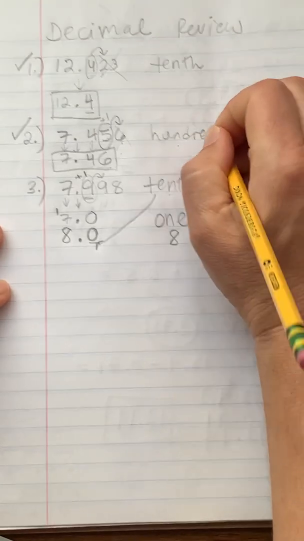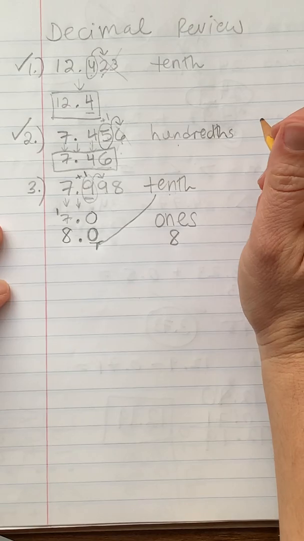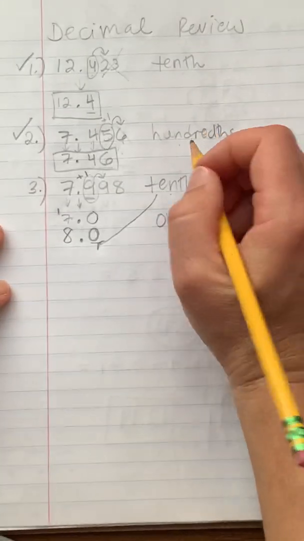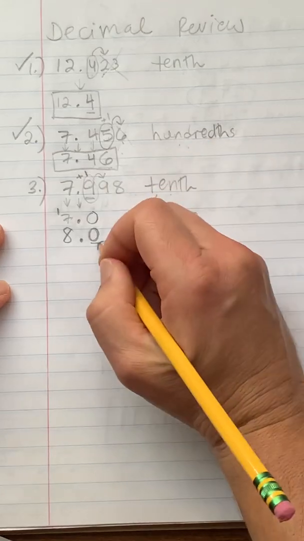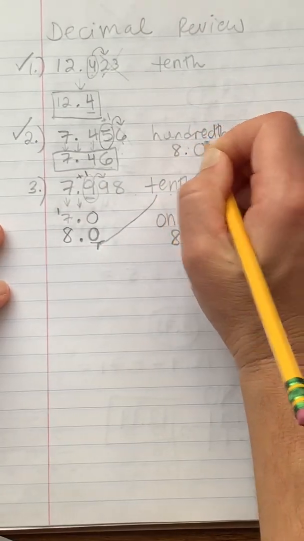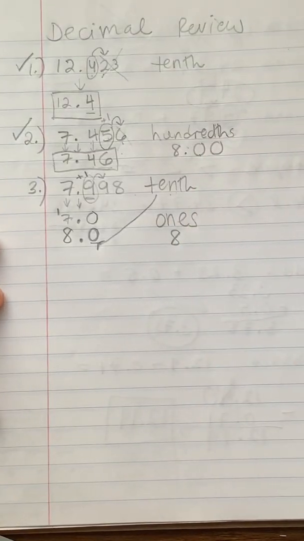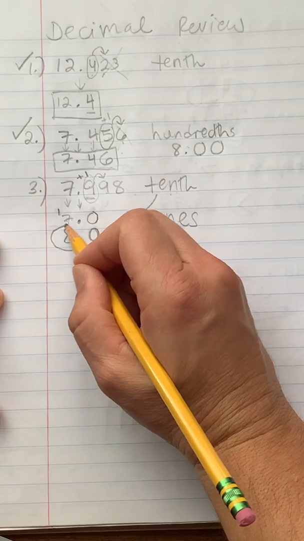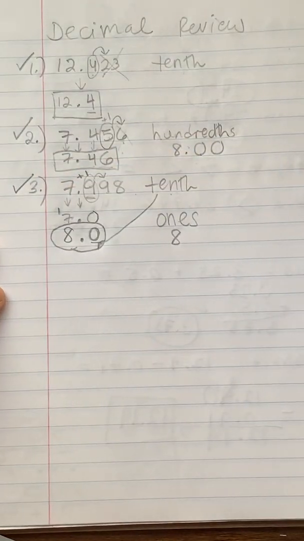Hundredths, it's missing a D. I'm having spelling problems right now. So if we wanted to round to the 100th, then it would be 8 and 2 zeros, because that's 10th, 100th. Okay, if you got 8 and 0 tenths, give yourself a star or a check.